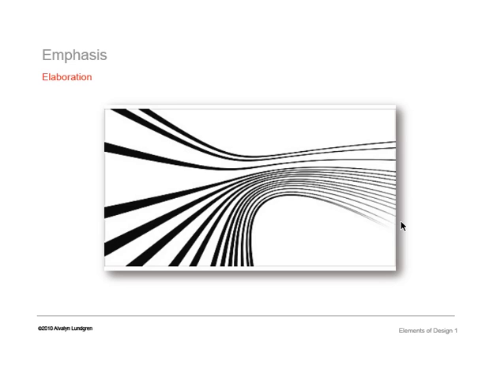Another way to create emphasis is to elaborate or embellish. And elaboration is a gradual change, a pattern that changes across a design surface, something that changes in direction, something that changes in terms of rhythm, and so forth.